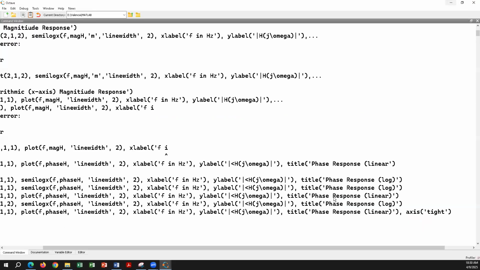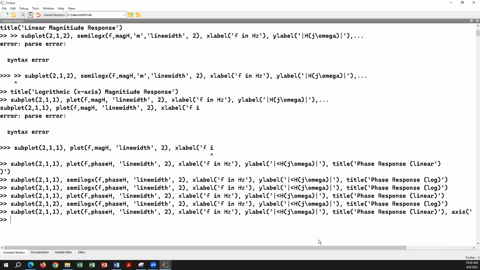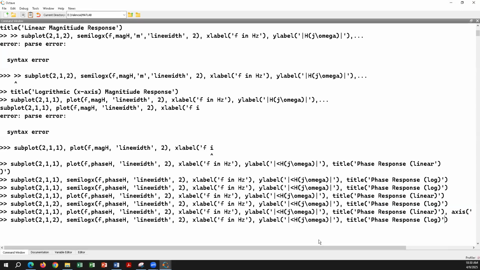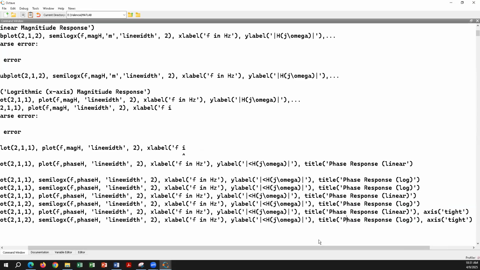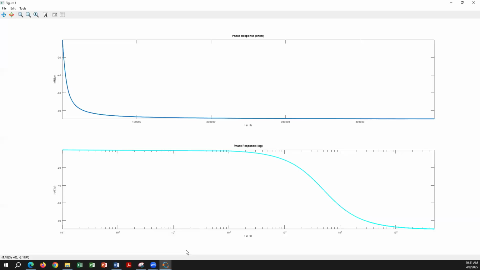And I'm going to do the same for the other plot. And I'm going to do axis tight. I'm going to change the color of that as well to magenta or some other color. Cayenne, let's say. So this is my phase plot.